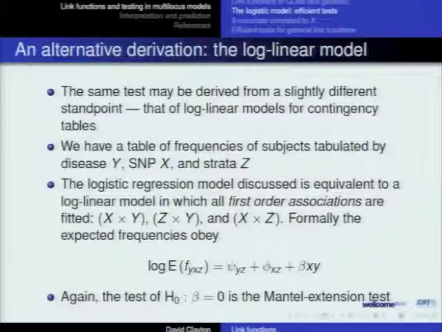In particular, if we fit a log linear model in which we have the three first-order associations, that's SNP and phenotype, stratification and phenotype, and SNP and stratification, you put all those first-order terms in.